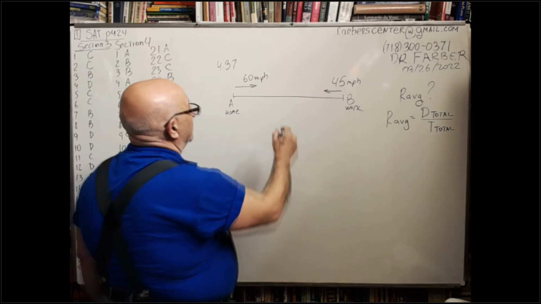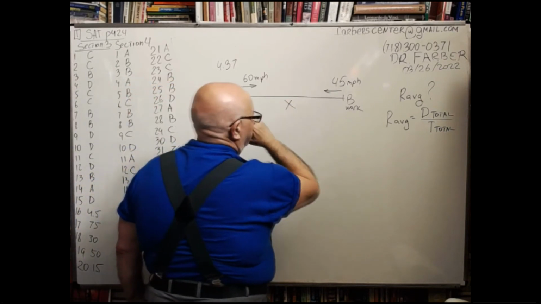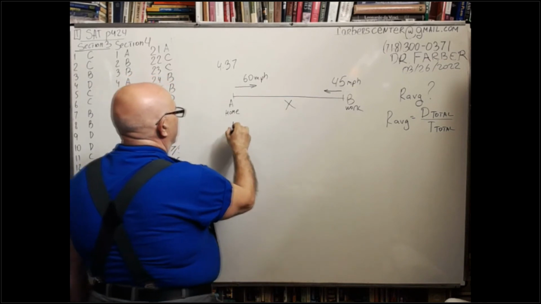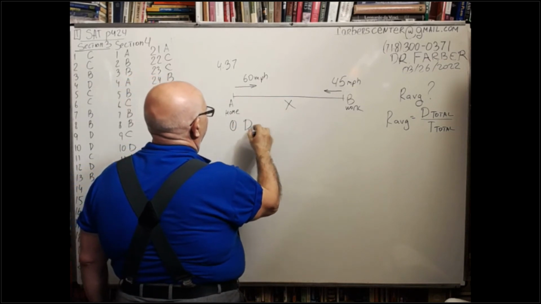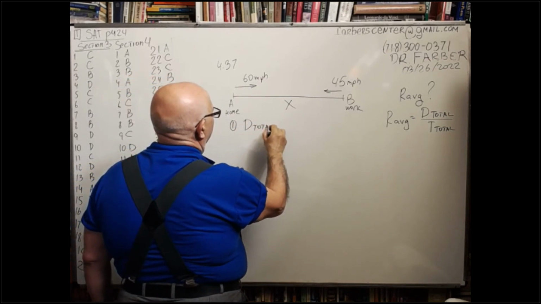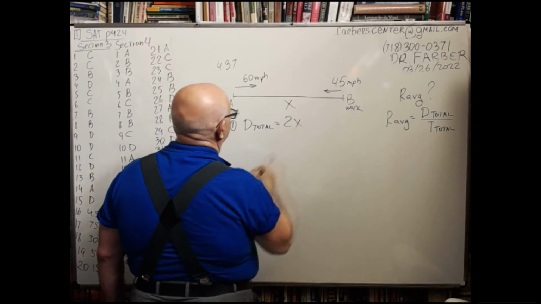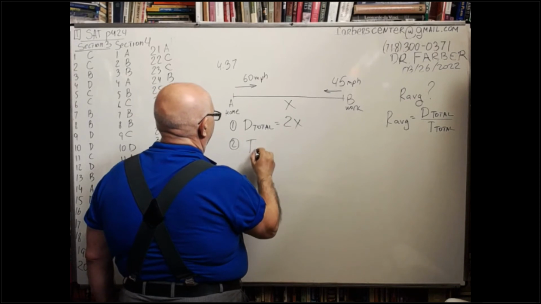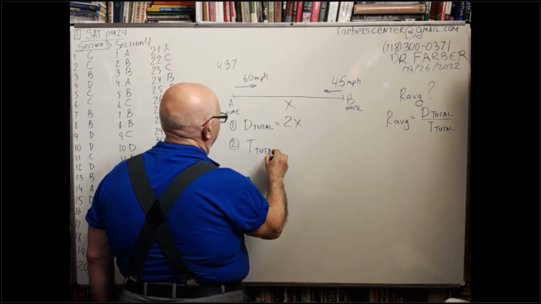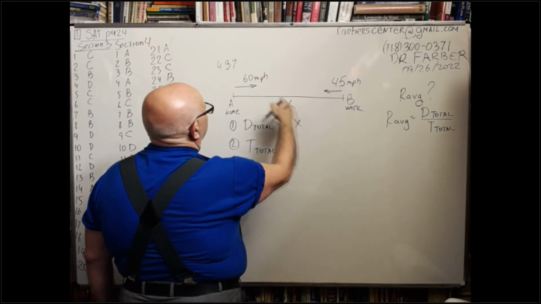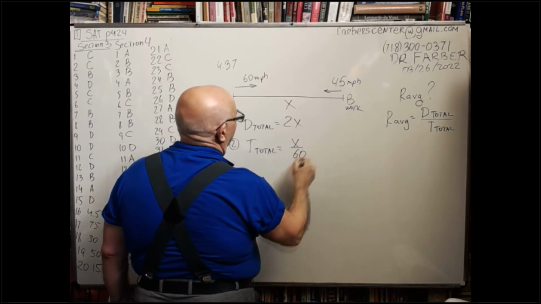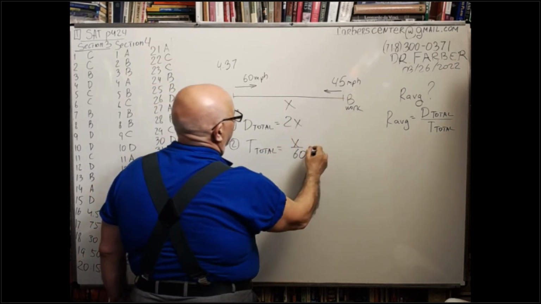So make it X. Step number 1, D total equals 2X. Step number 2, time total equals X divided by 60 this way, plus X divided by 45 this way.